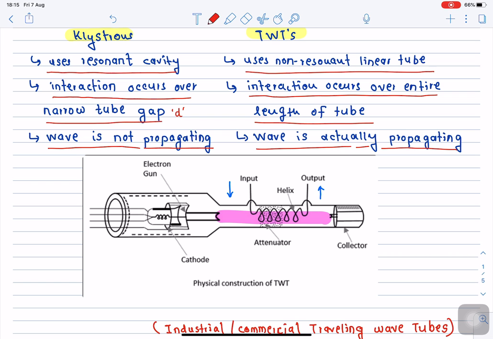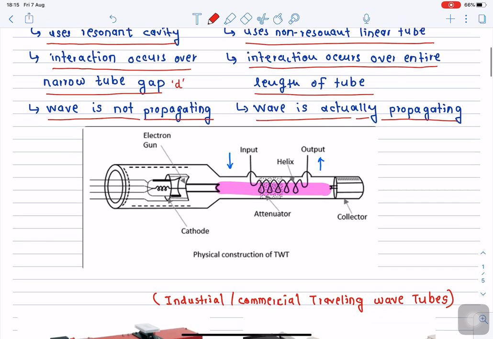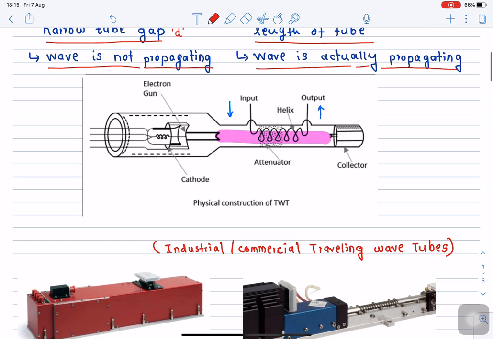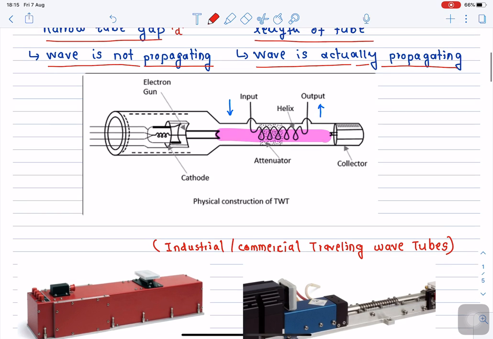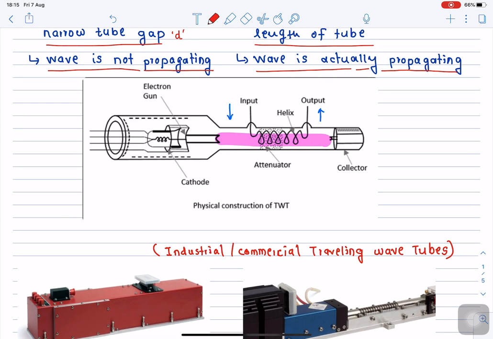Now the schematic of traveling wave tube amplifier is shown over here, the physical construction of it. So as usual, we should have a source of electrons, and the source of electrons will be provided by making use of a cathode. As usual, the DC applied voltages are skipped in this particular diagram, but it is assumed to be there. So here is the cathode.